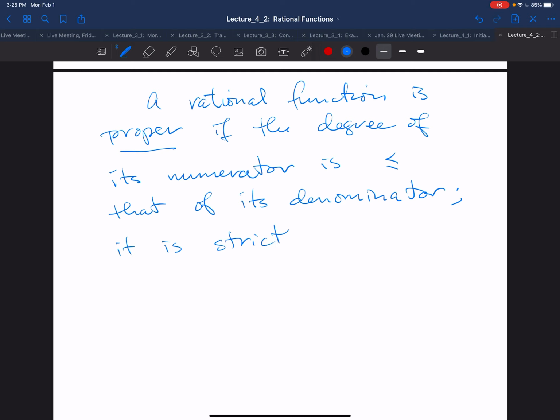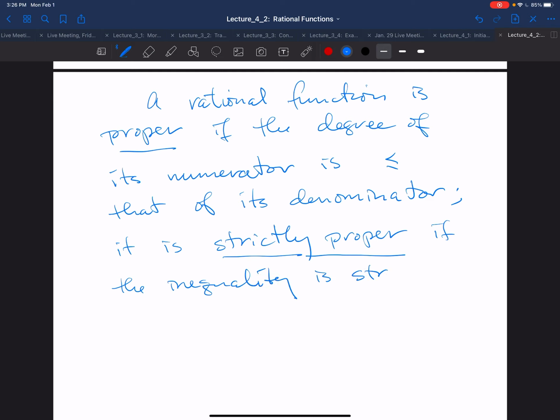And if the degree of the numerator is strictly less than that of the denominator, then we say that the rational function is strictly proper.